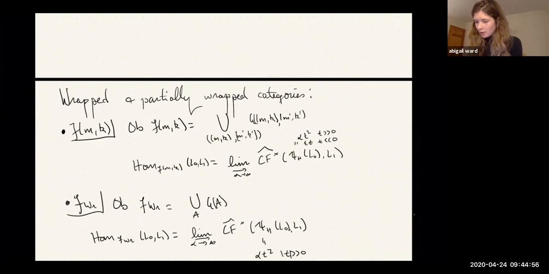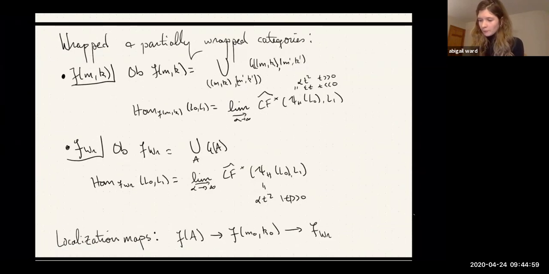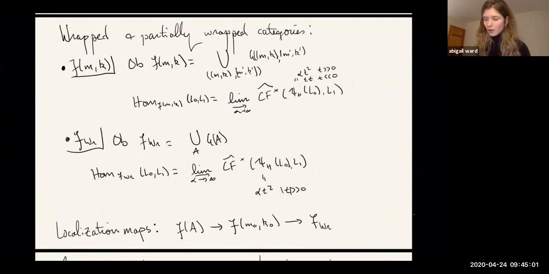Okay, and then I also define some wrapped and partially wrapped categories. This is a little bit more for people who have seen wrapped and partially wrapped categories before. The partially wrapped one is where I relax the boundary conditions on one end.